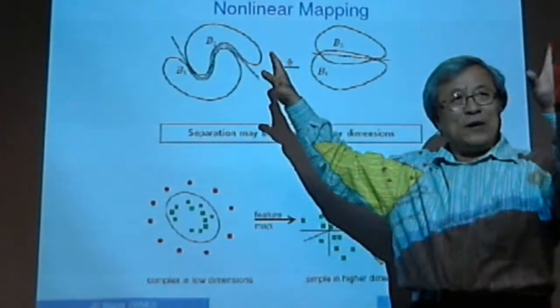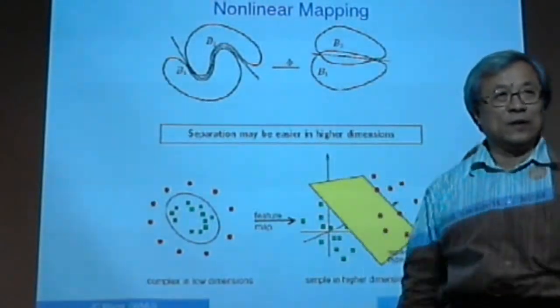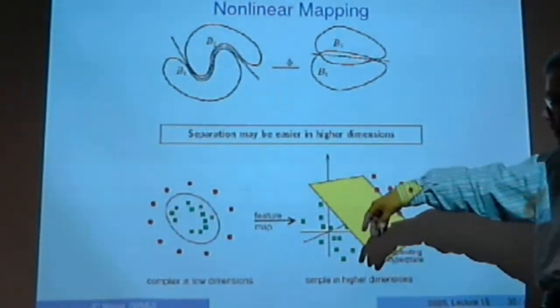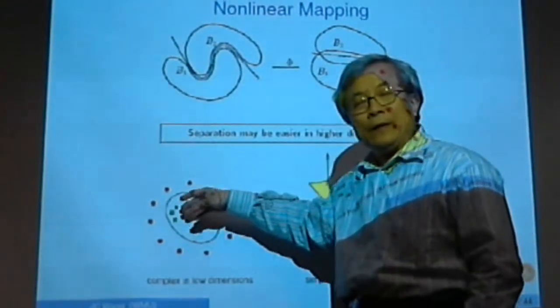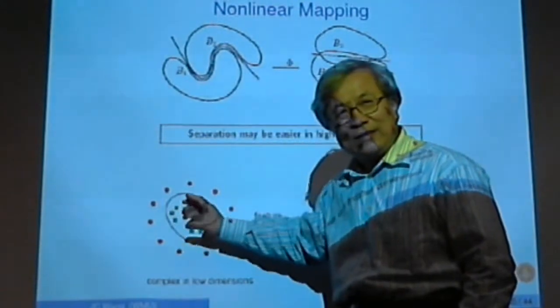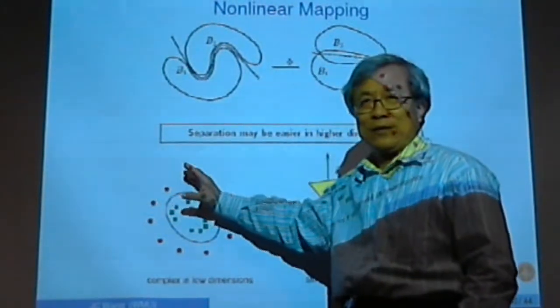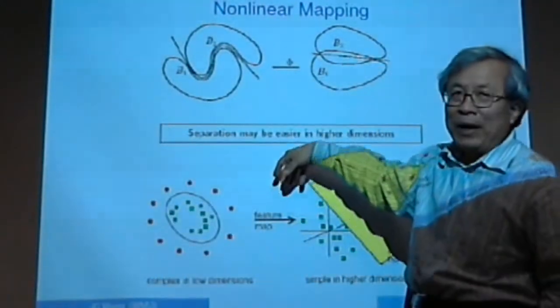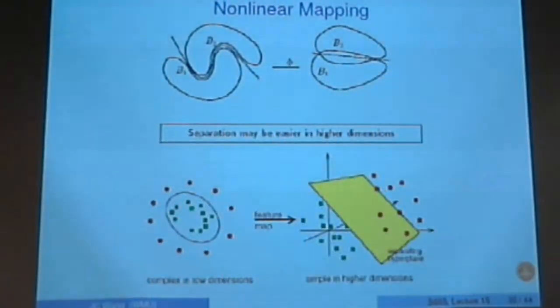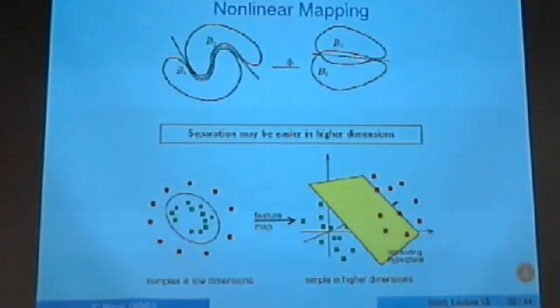So if you see different kinds of problems, you probably call for a different kind of kernel. If you have a lot of observations of one class lying in the center, surrounded by observations from the other classes, you more likely use this kind. So it depends.